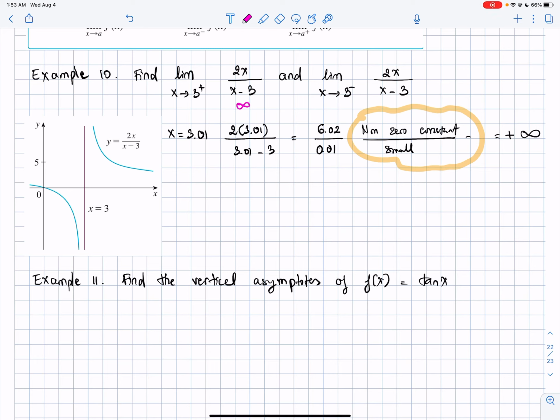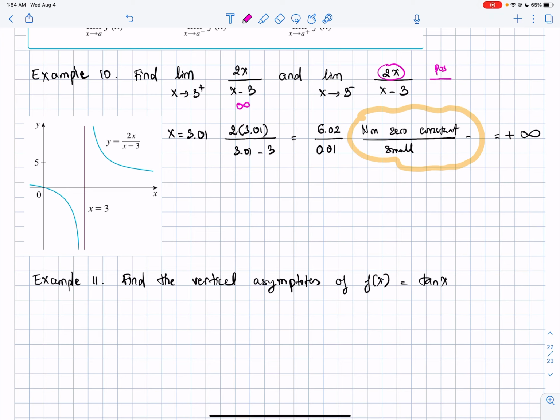What if x approaches 3 on the left hand side? On the top, you can imagine this is like 2.9. So 2 times 2.9 will give you a non-zero constant, but it's a positive number. And in the bottom, 2.9 minus 3 is really small.